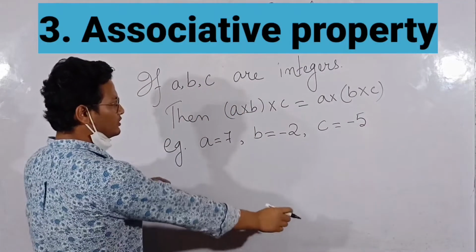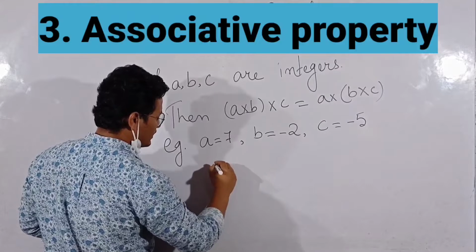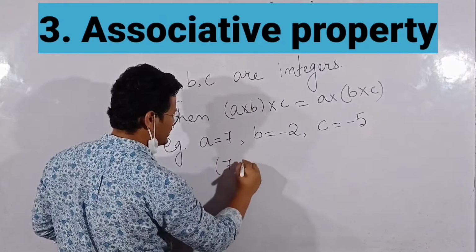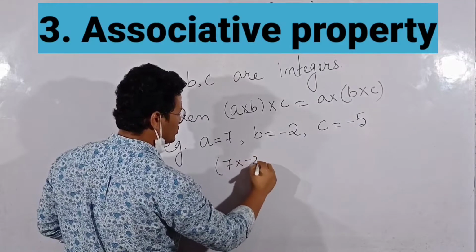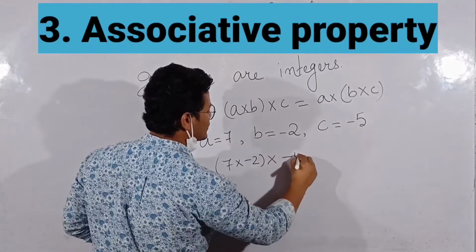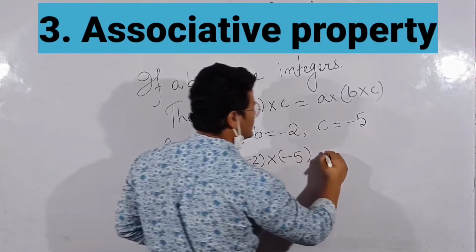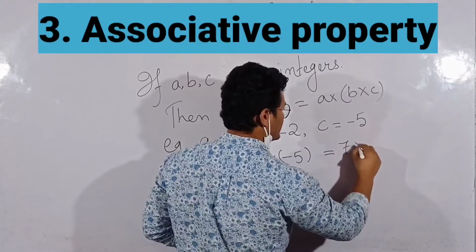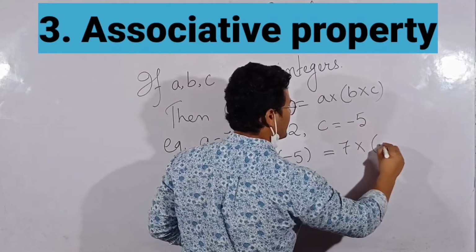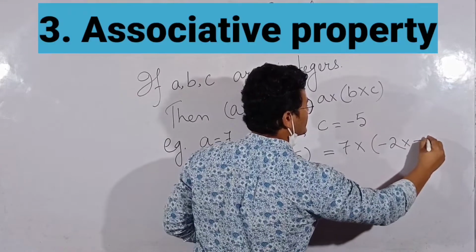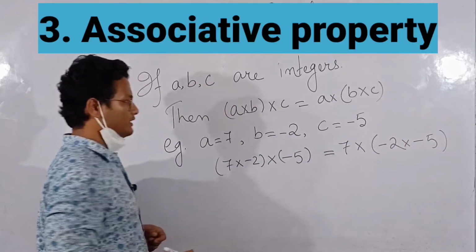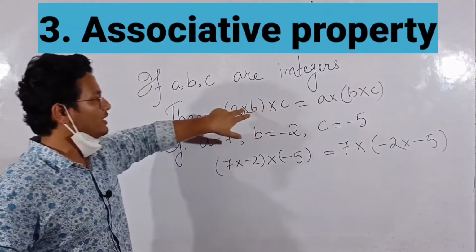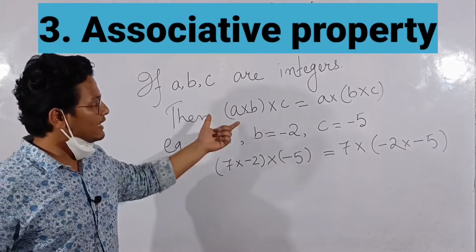Okay. Now students, see, A into B into C. Now what they are saying, if we take A is 7 into -2 into -5, is equal to A into the bracket of B into C, which is 7 into (-2 into -5). They are saying that whether we do A into B first or B into C first, the answer will always be the same.